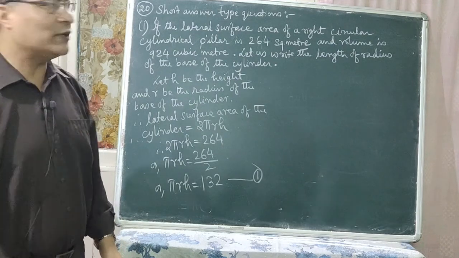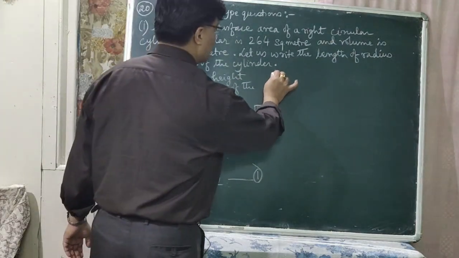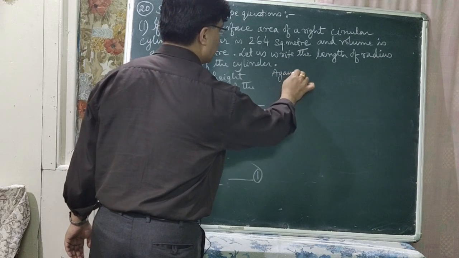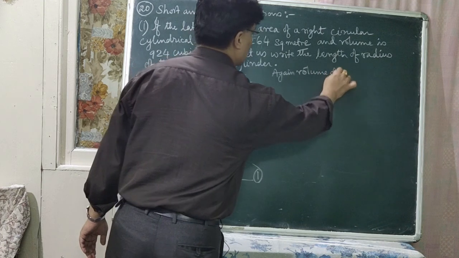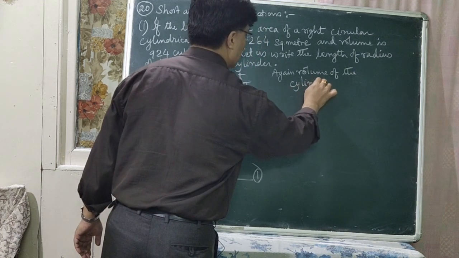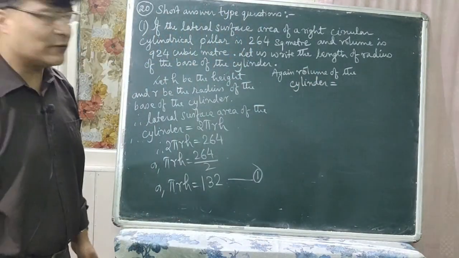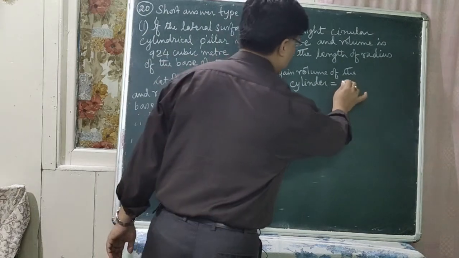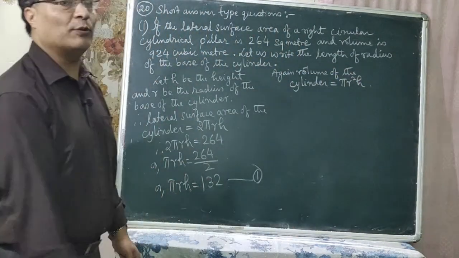Now let us write down the formula for volume of the cylinder. Volume of the cylinder is equal to, what is the formula? It is pi r square h. It is the formula, right?